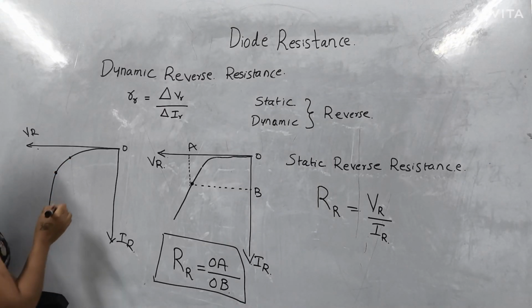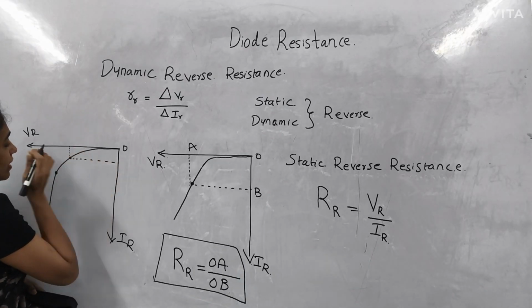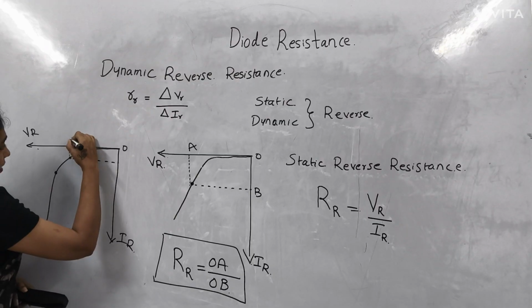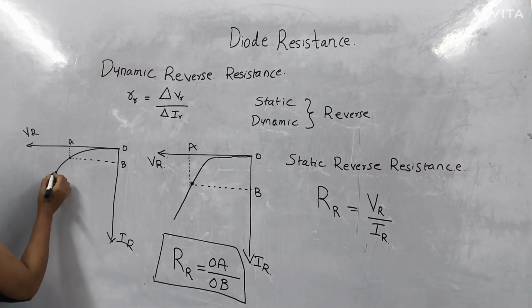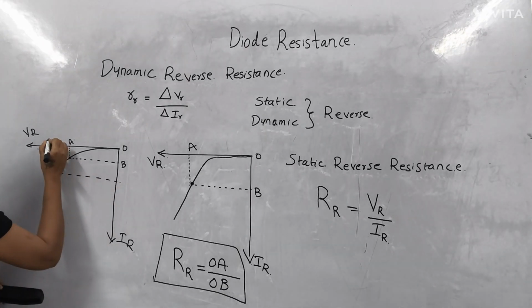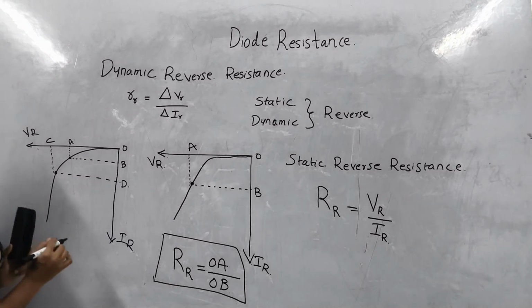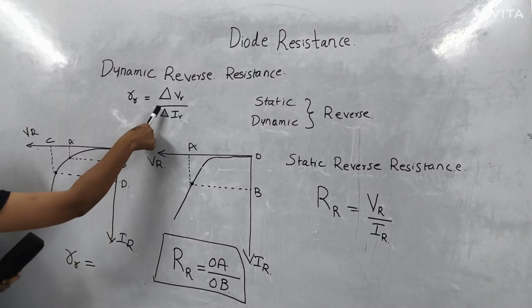For dynamic resistance calculation, we take 2 points on the curve. From the first point, we draw straight lines to the x-axis and y-axis: on the x-axis that is A, on the y-axis B. From the second point, we do the same thing: on the x-axis that is C, and on the y-axis D. Now from the graph, small rr equals the change in reverse voltage.